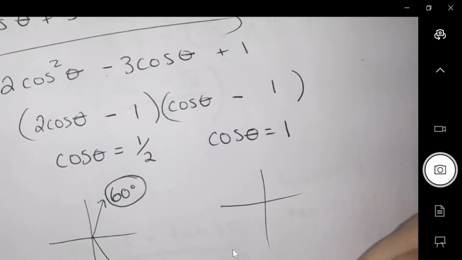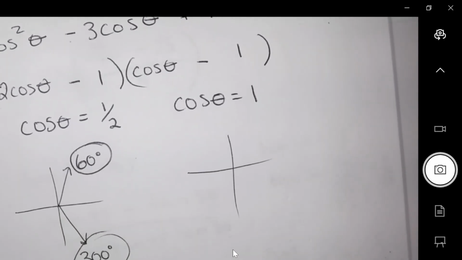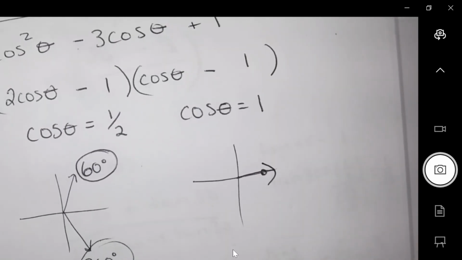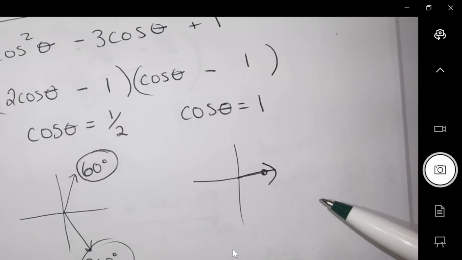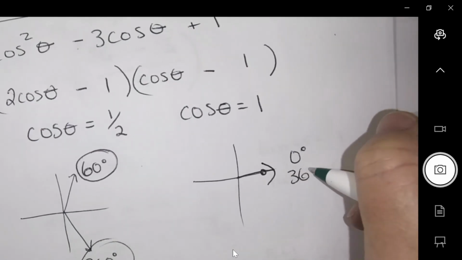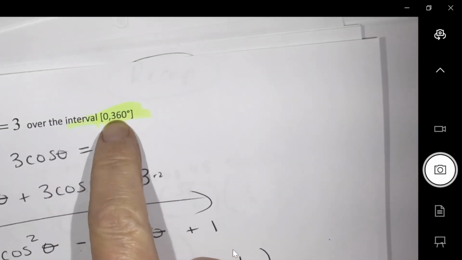And where is the cosine or the x value 1? In this side, over there. How will you answer this according to your domain? You have to say 0 and you have to say 360, because you can include 0 and you can include 360.